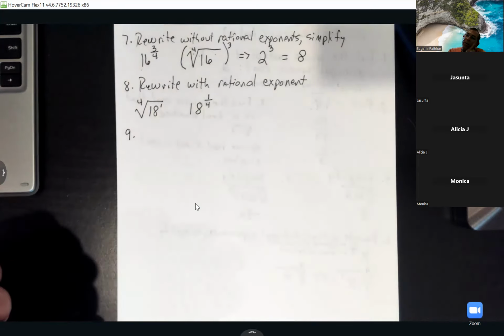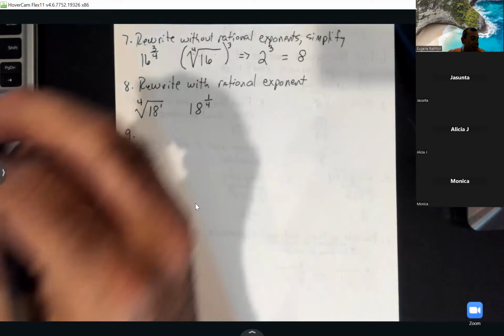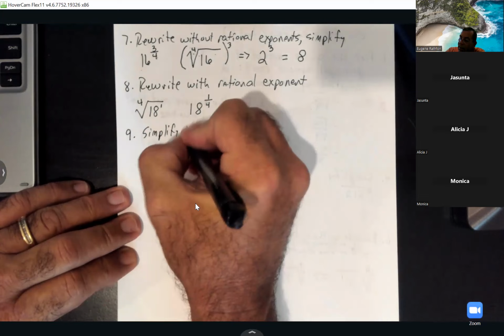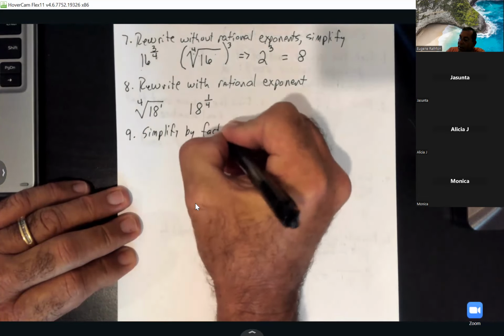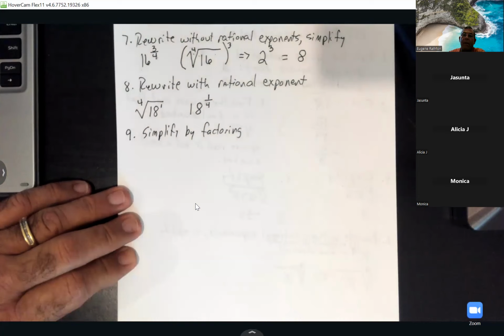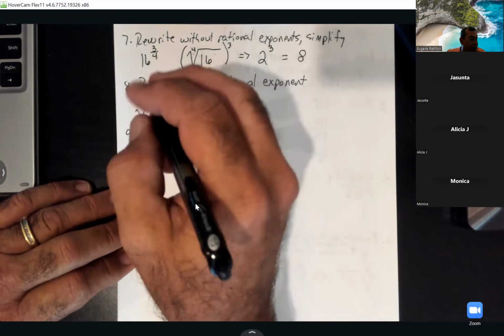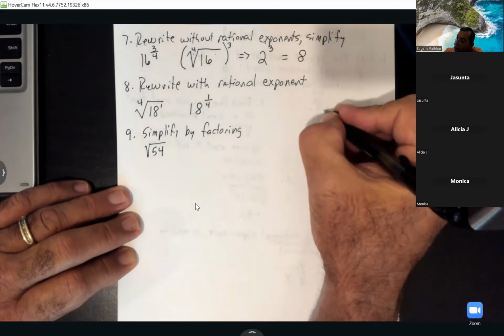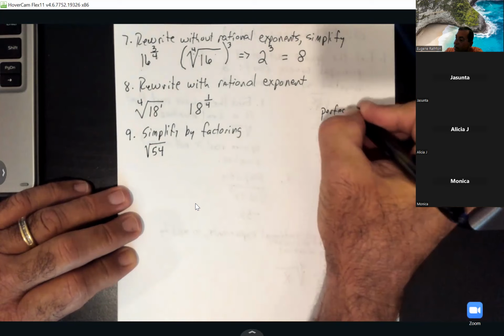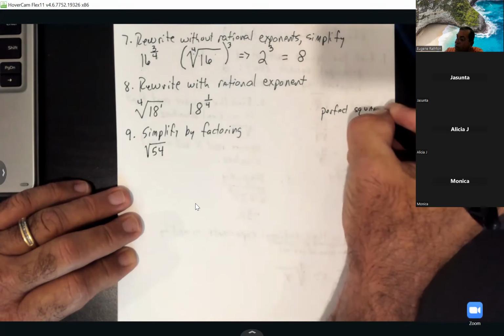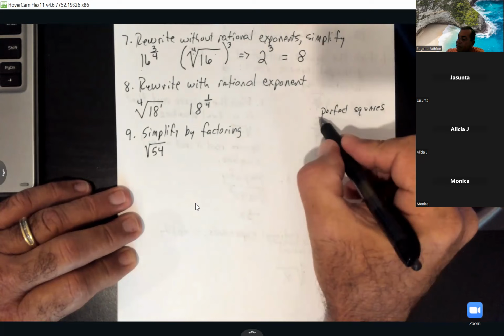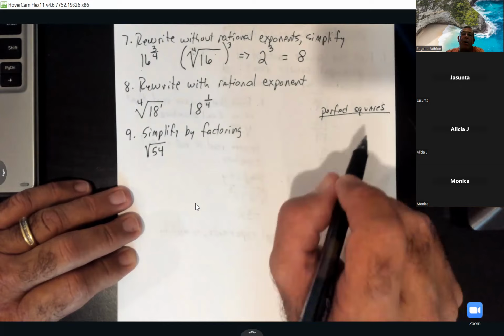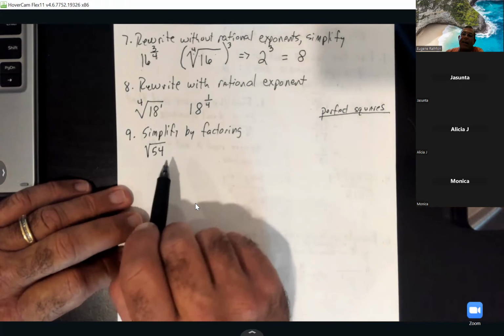All right, then you started getting into where we had to simplify radicals. So this one says simplify by factoring. So y'all, since we're going to be looking at the square root of 54, over here, I'm going to draw something real quick. And this is called perfect squares. Now, 1 times 1, which is 1, is a perfect square, but it doesn't help me simplifying these.